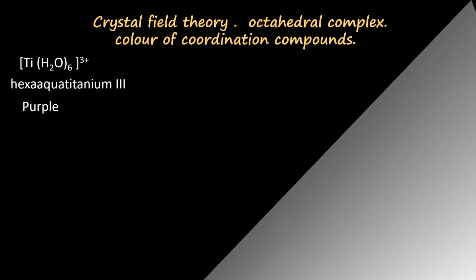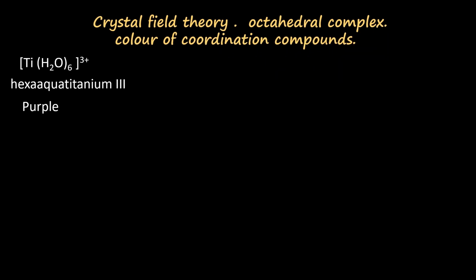Okay. I will explain this in detail with the example of hexaaquatitanium(III), which is purple in color. Titanium is the central metal atom and there are 6 molecules of water as ligands. This ligand approaches titanium. Titanium has atomic number 22 and the electron configuration is 1s2, 2s2, 2p6, 3s2, 3p6, 3d2 and 4s2.